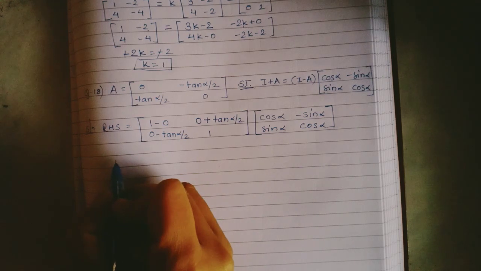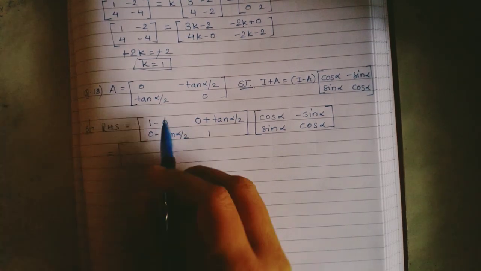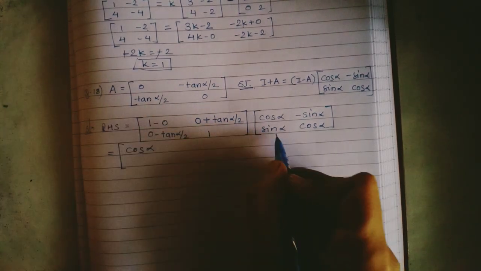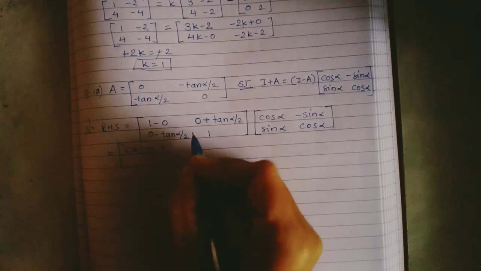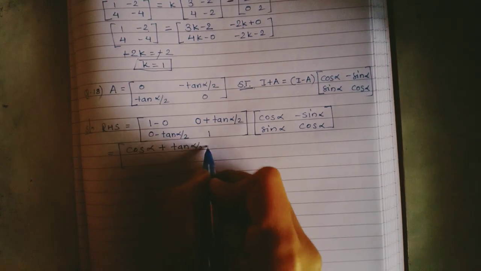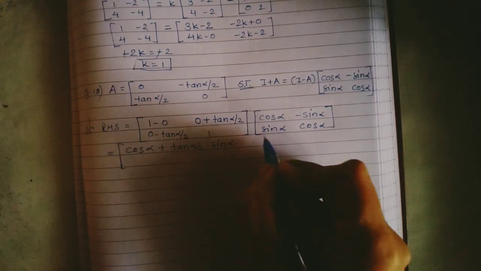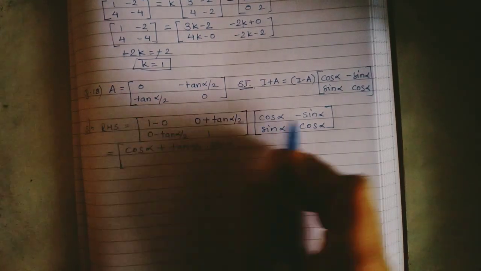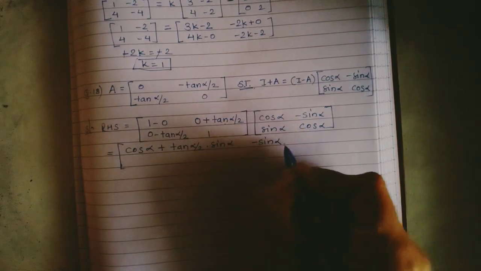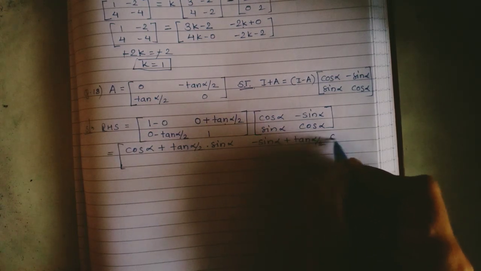You have to multiply with this matrix. Multiplying, you will get 1 into cos alpha, plus tan alpha by 2 into sin alpha. Okay, then next is 1 into this minus sin alpha, plus tan alpha by 2 into cos alpha.